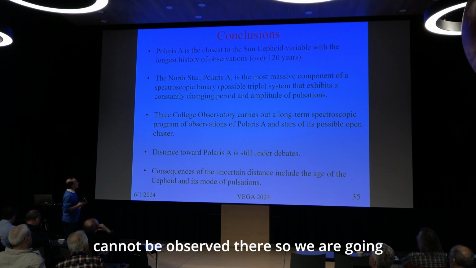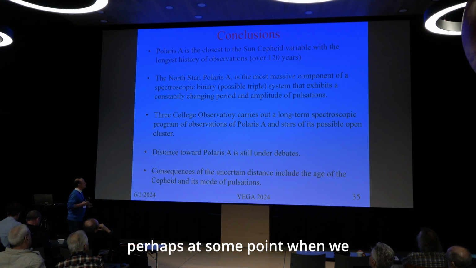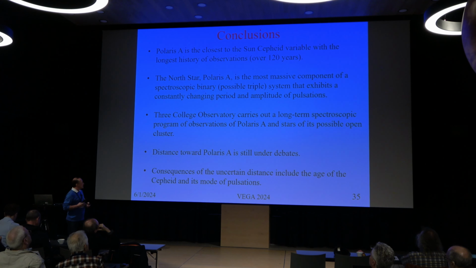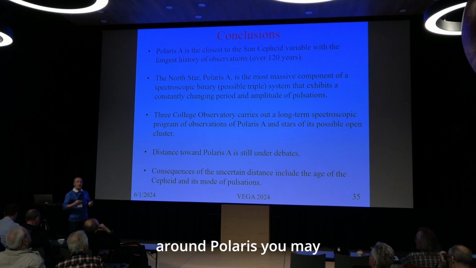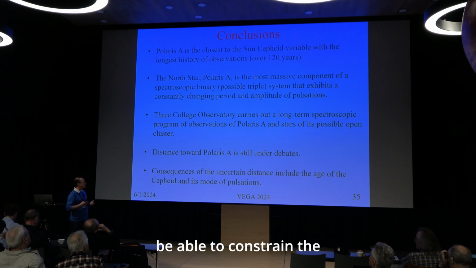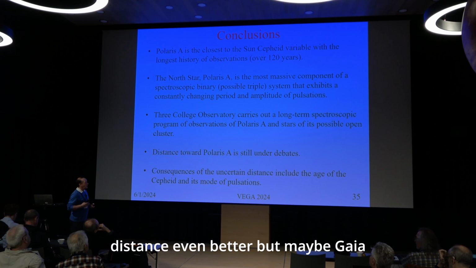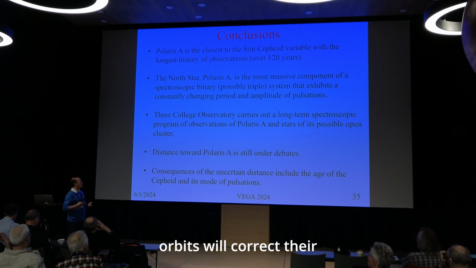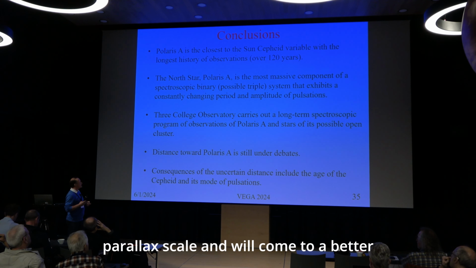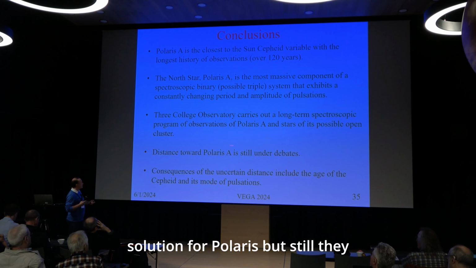So we are going to keep observing, and perhaps at some point when we figure out whether there is a cluster around Polaris, we may be able to constrain the distance even better. But maybe Gaia, after several more orbits, will correct their parallax scale and come to a better solution for Polaris.